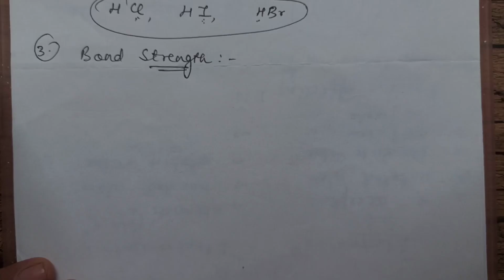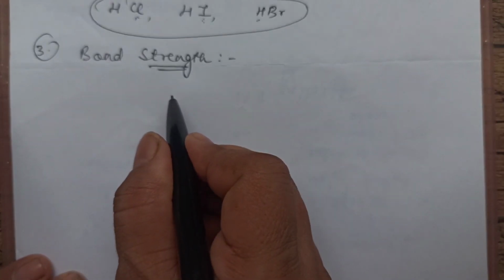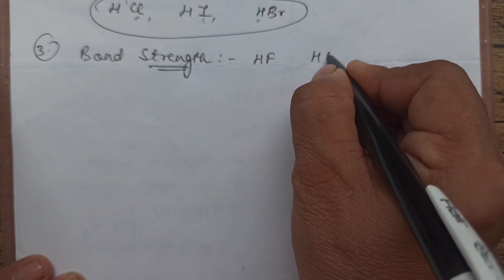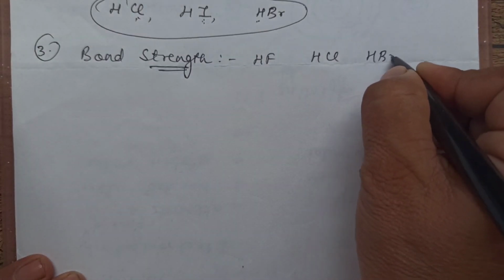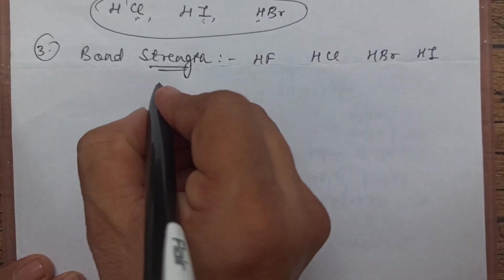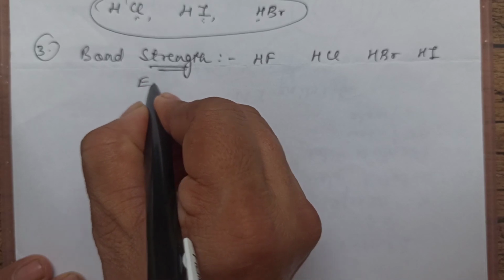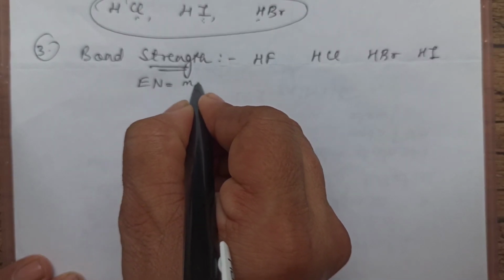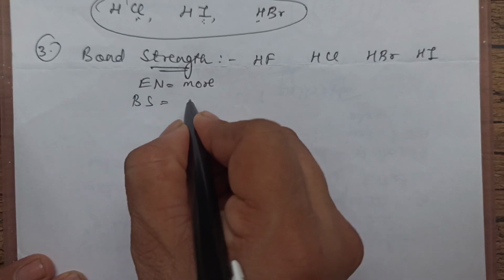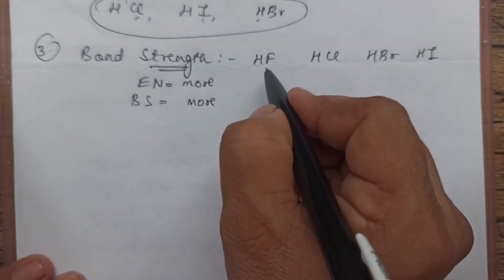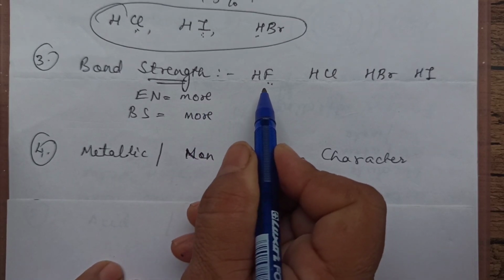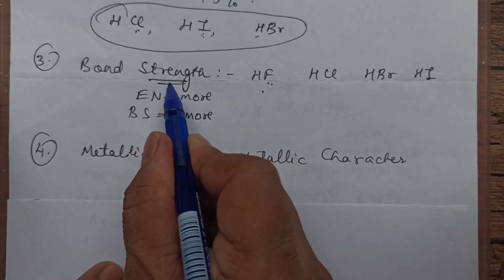Third application, bond strength. Suppose we are asked, HF, HCl, HBr, HI, which is strongest? You can see if the electronegativity difference is more, the bond strength also will be more. You can check the electronegativity here. So if the electronegativity difference is more, it is a strong bond.